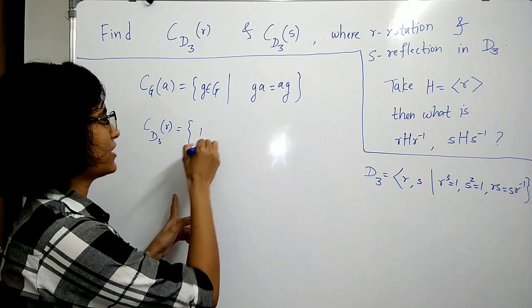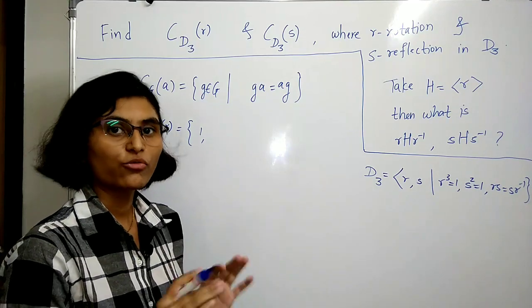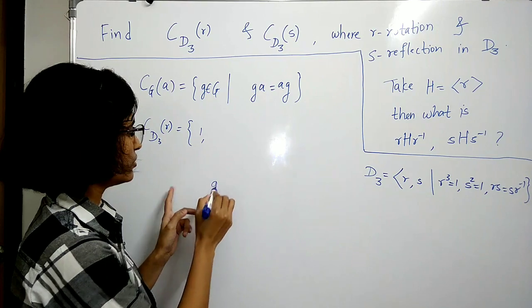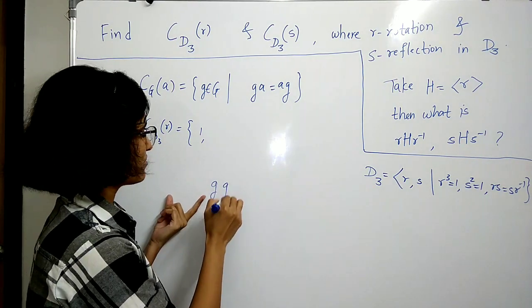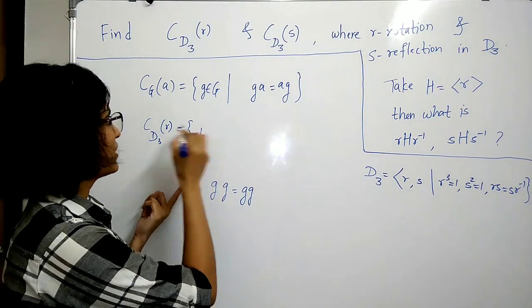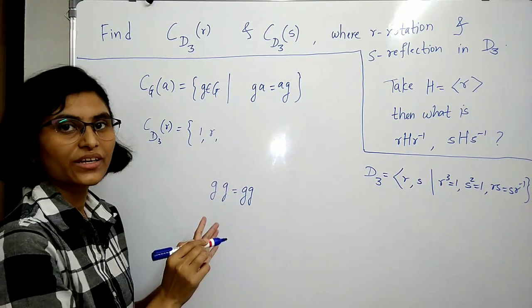So take the identity element. Now every element commutes with itself, for example, if we have g as some element, then g times g is the same as g times g. So this contains R also, right?